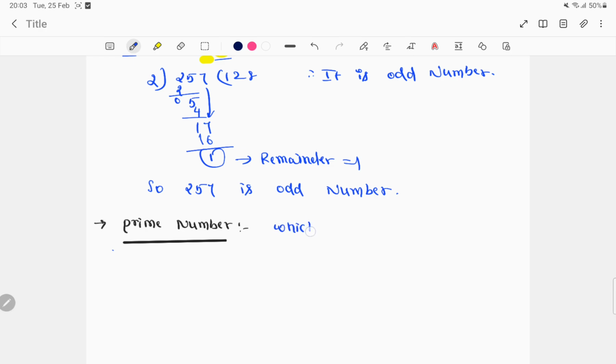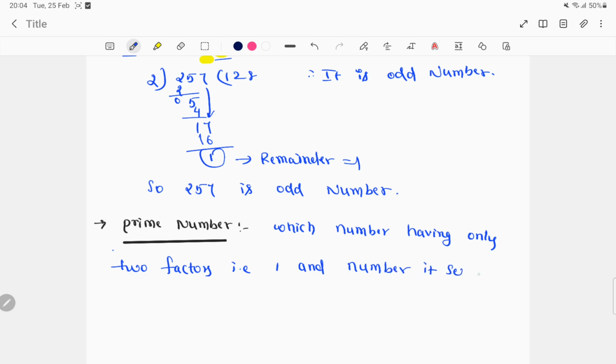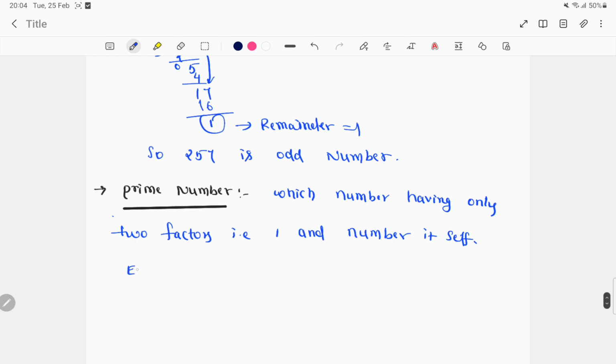Which number is having only two factors, that is 1 and the number itself. So that is called a prime number. For example, I am taking 2.